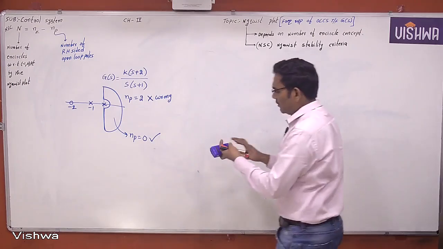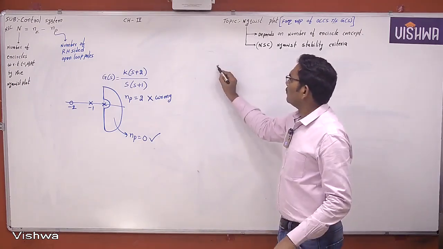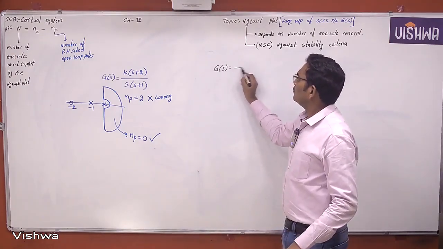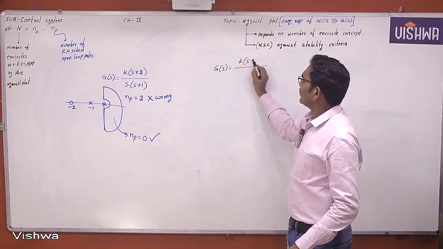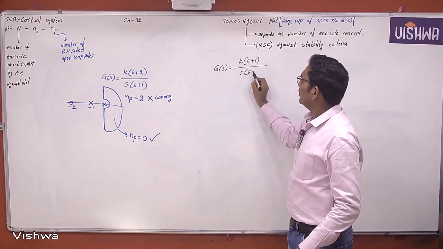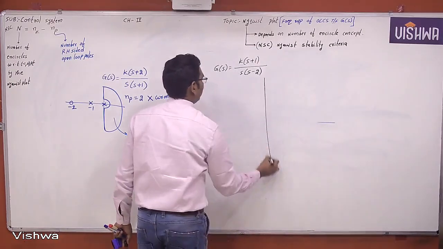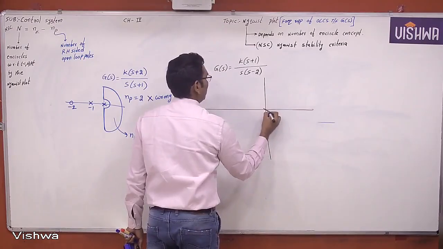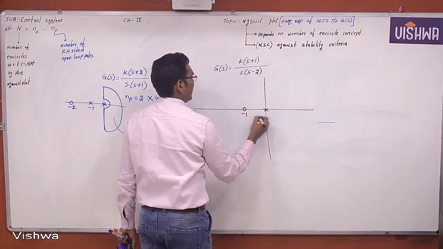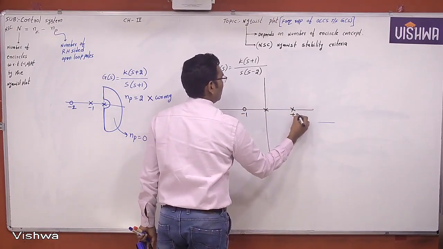Or for example, if it is like this, G of S equals K into S plus 1 by S into S minus 2. Now see in this example, one pole is at origin, one zero is at -1, but one pole is at plus 2.